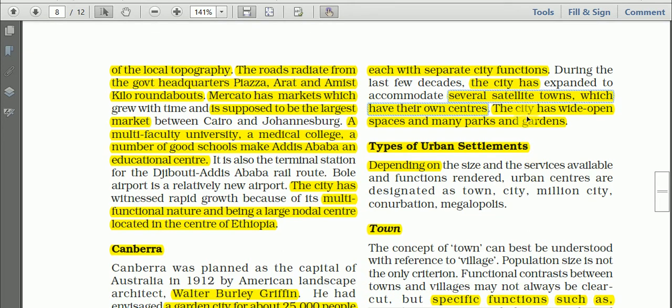And one more important point, the city has wide open spaces and many parks and gardens. This is another important feature of Canberra. So this is about the morphology of Canberra.